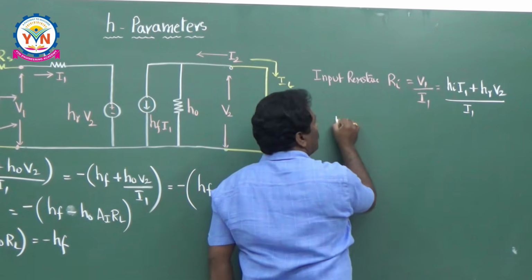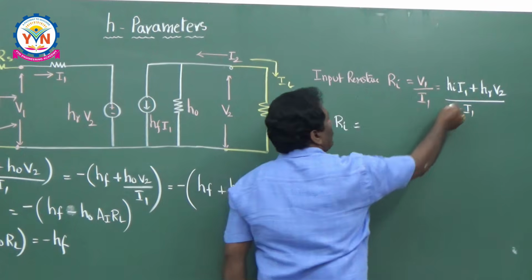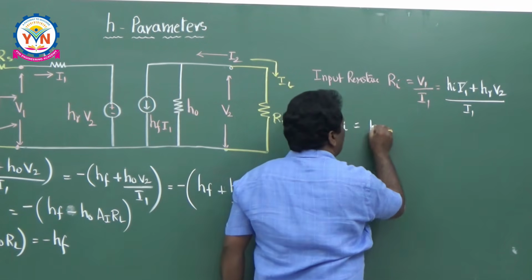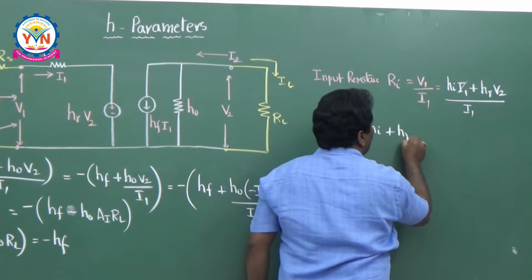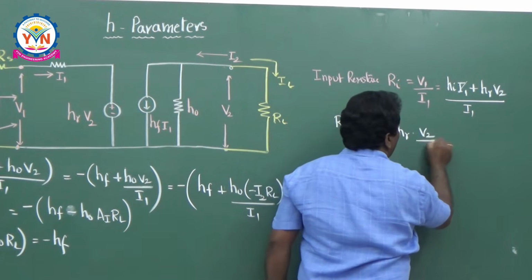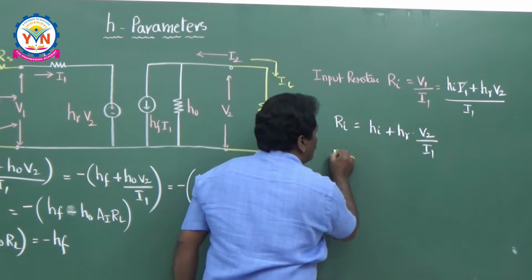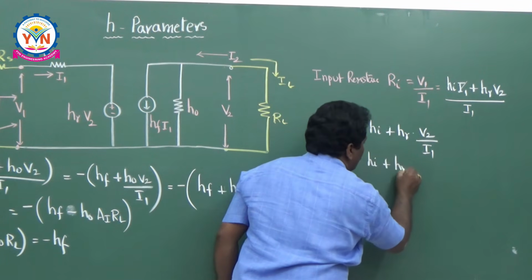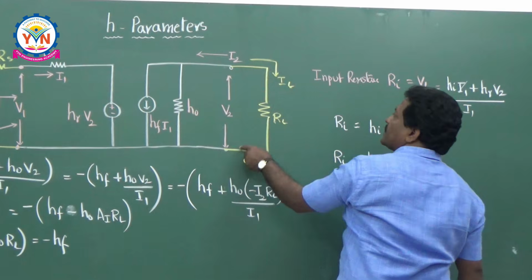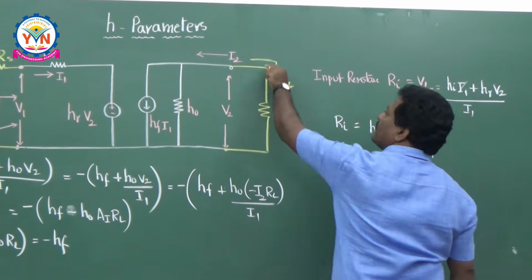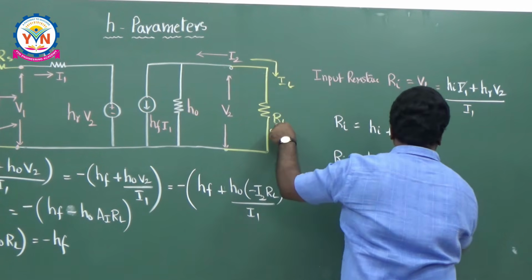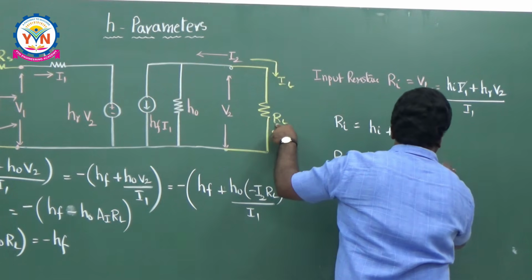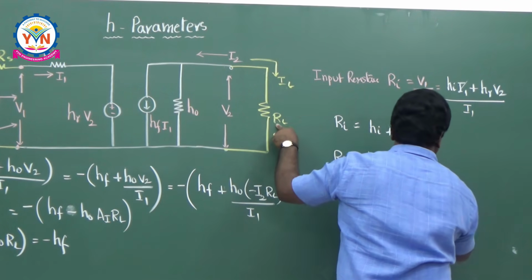I1 will be cancelled, so HI plus HR into V2 by I1. What is V2? Output voltage, IL into RL. What is IL? Minus I2. So minus I2 into RL divided by I1.